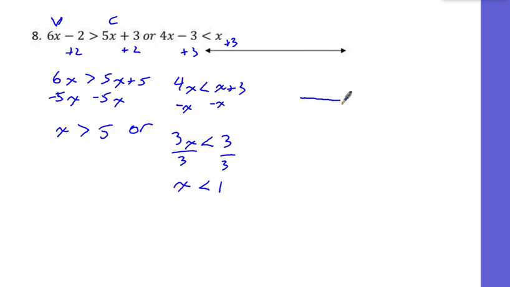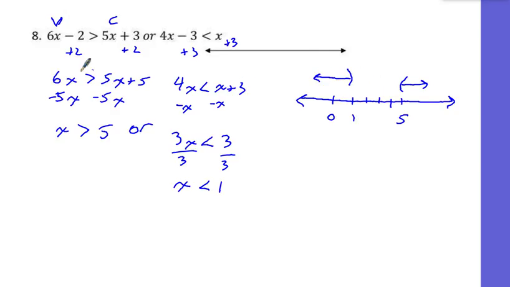I'll draw a new number line here so I have more space to work with. Above we have 0, 1 is a critical point, and 5 is a critical point. X is greater than 5, not or equal to, and, or x is less than 1, not or equal to. So parentheses for both bounds.